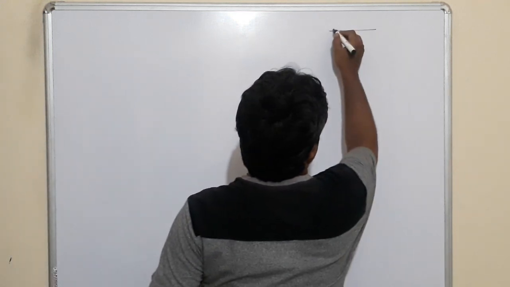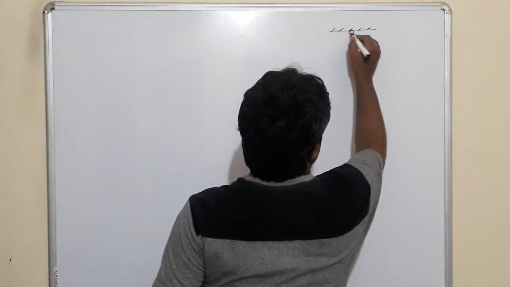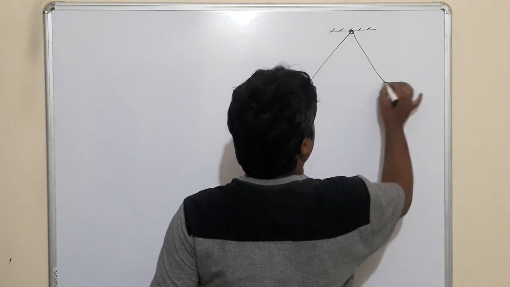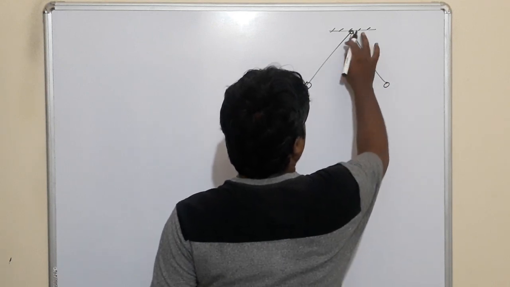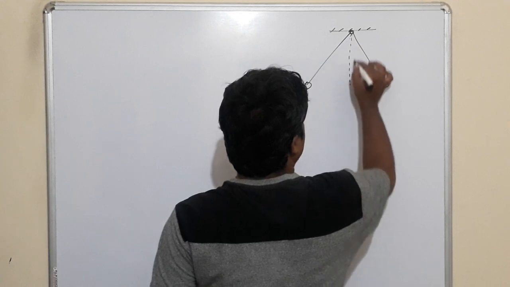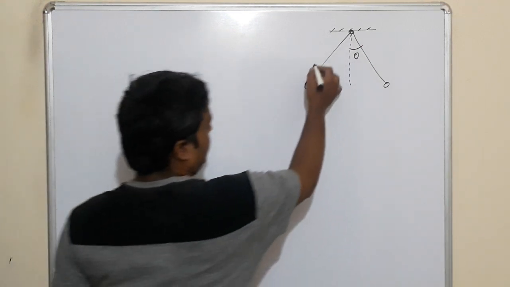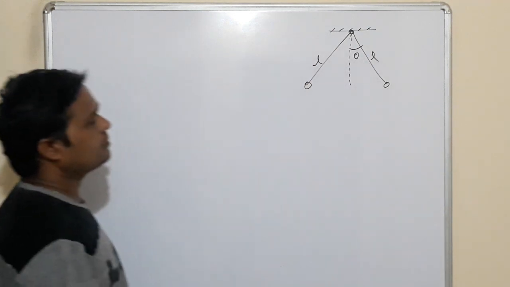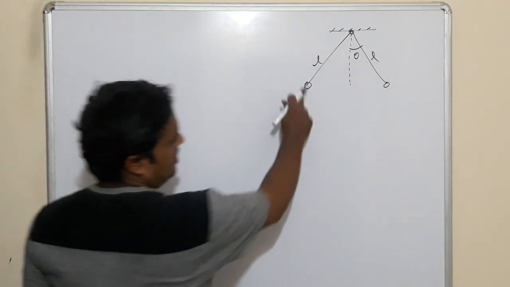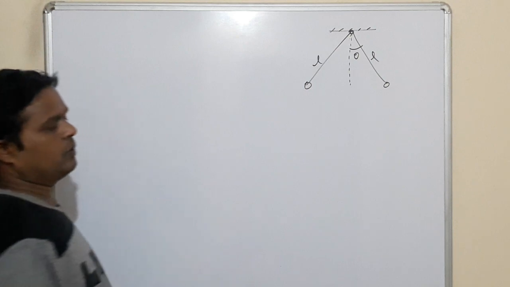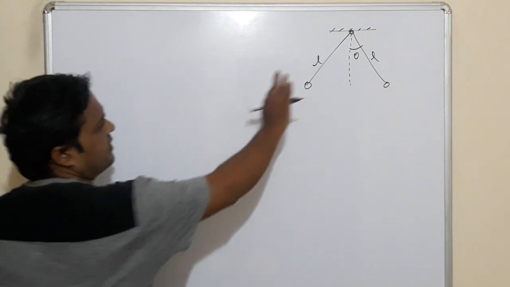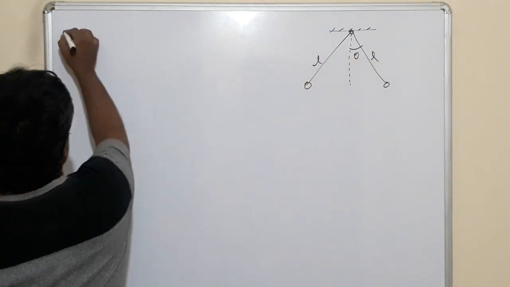See, these are two suspended charges. Two identical balls are suspended, length is L. Each string is making an angle theta with the vertical. It is given in the question itself like this.